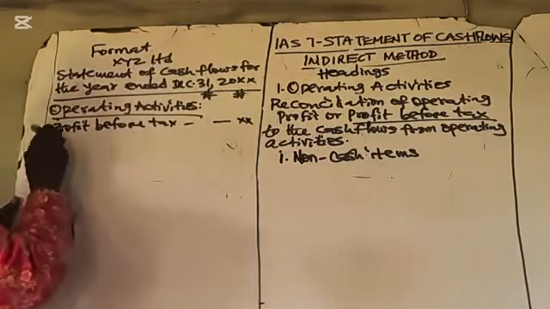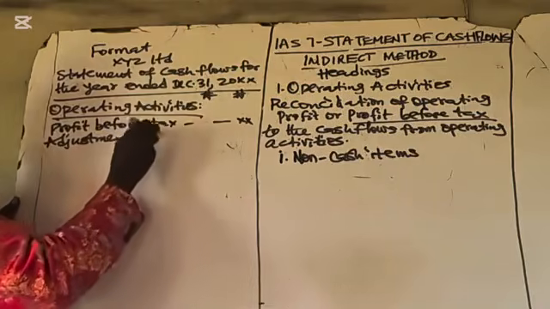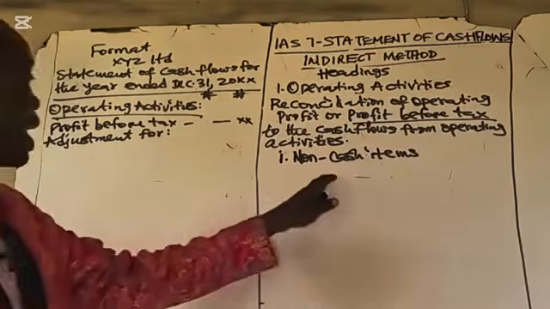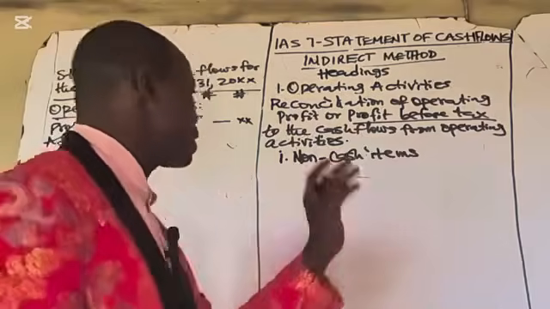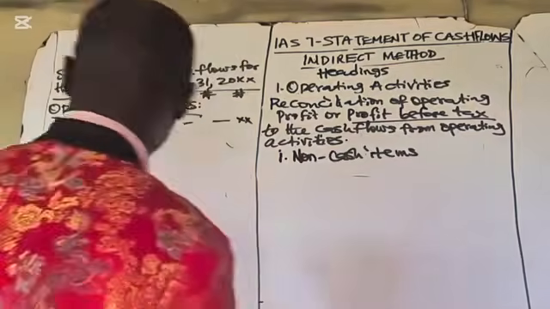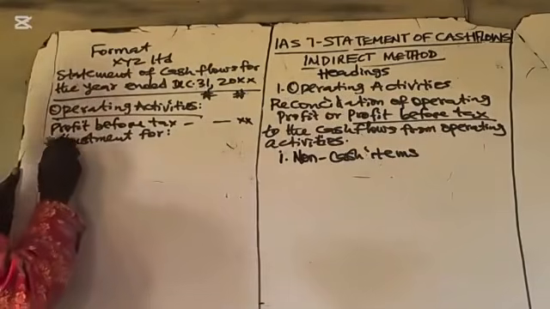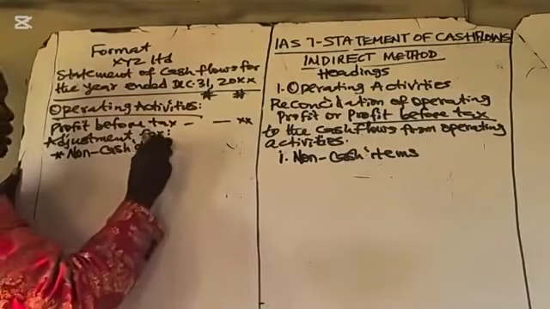Then you now have adjustment for. There are three things that require adjustment under this method. The first one is non-cash items. Adjustment for non-cash items.